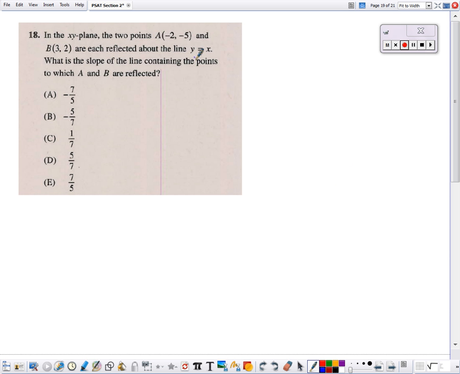When you reflect about the line y equals x, that's an inverse. So that would become (-5, -2) for A, and B is going to change to (2, 3).